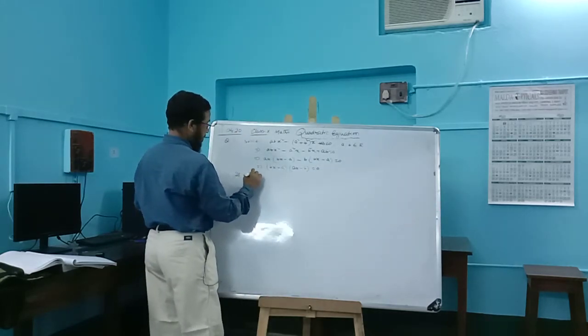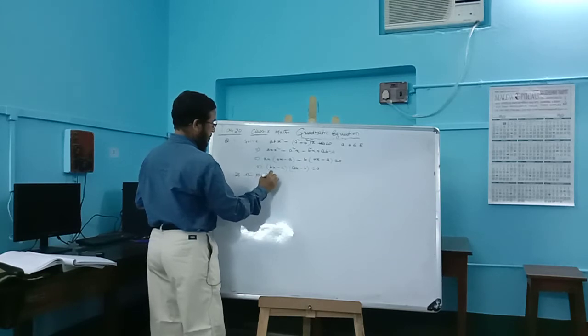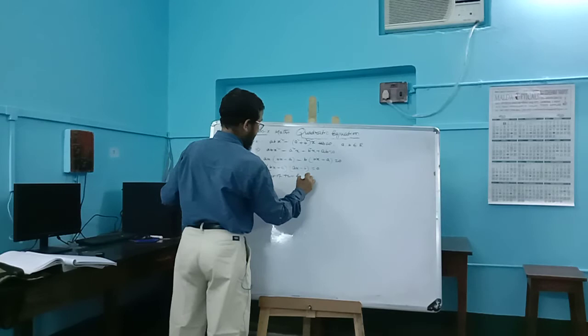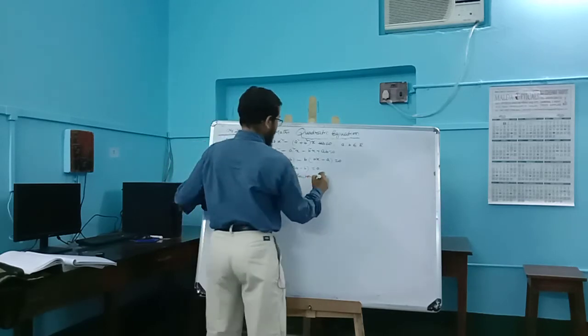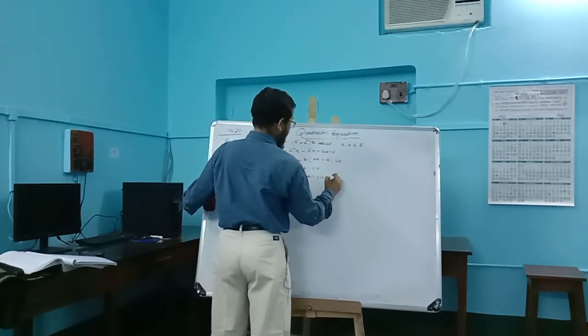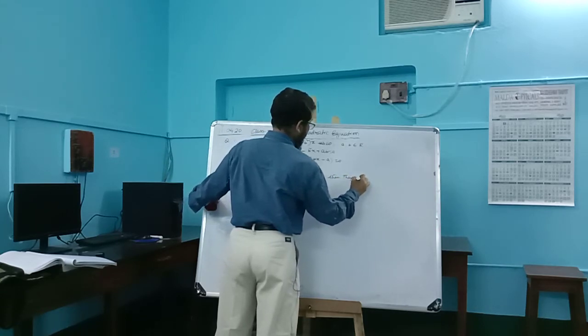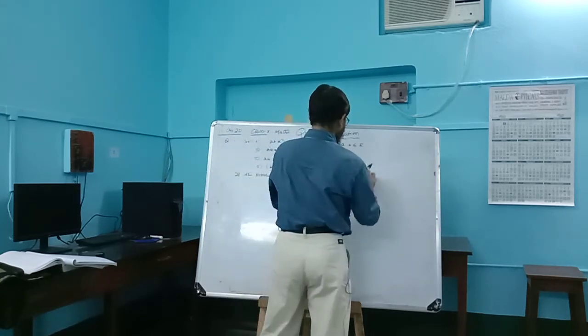If the product of two factors equals 0, then they are separately 0.